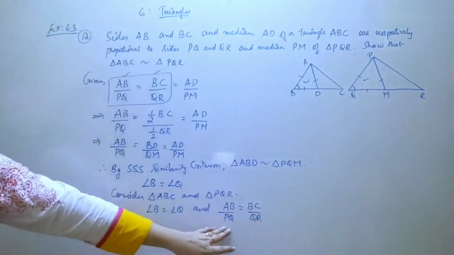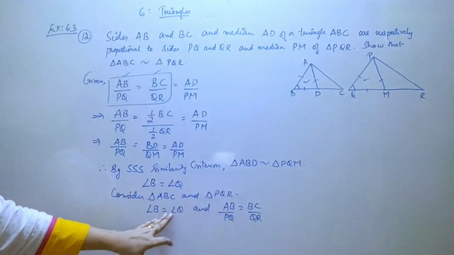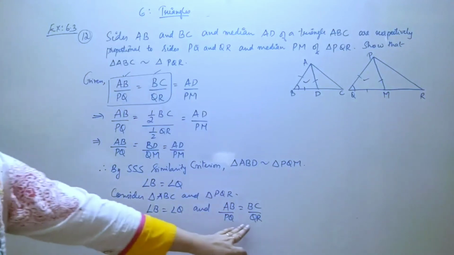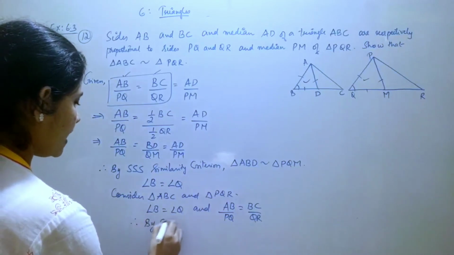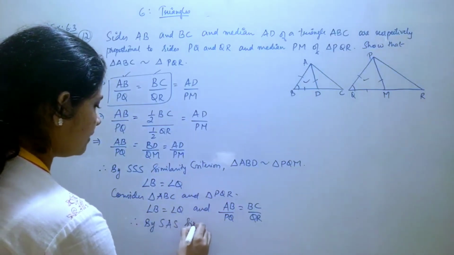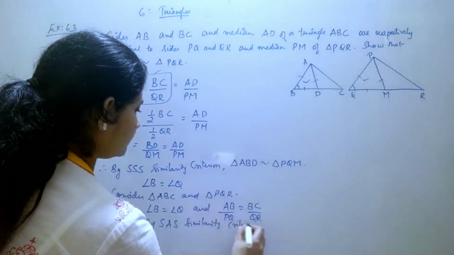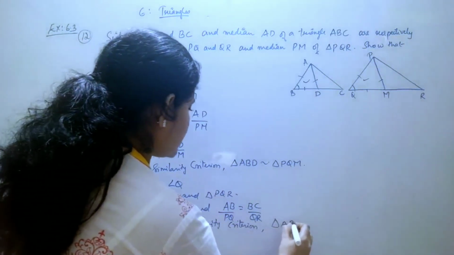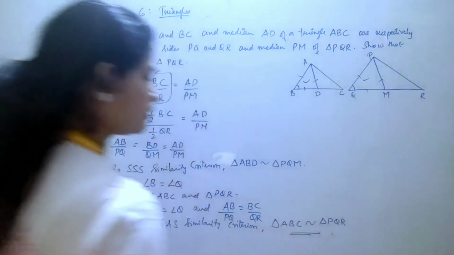So you have got two sides proportional and the included angle equal. Okay, therefore by SAS similarity criterion, triangle ABC is similar to triangle PQR. Okay.